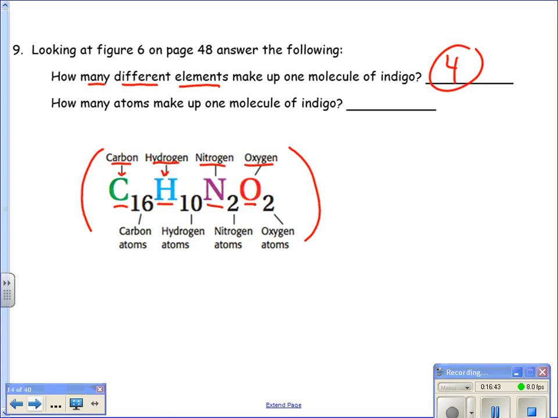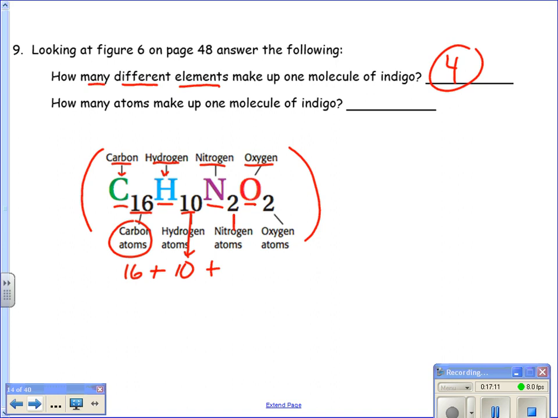How many atoms make up one molecule of indigo? Now, that's something interesting. Remember, the subscript comes after an element symbol, always and forever. So that 16 tells us we have 16 atoms of carbon. We have 10 atoms of hydrogen.